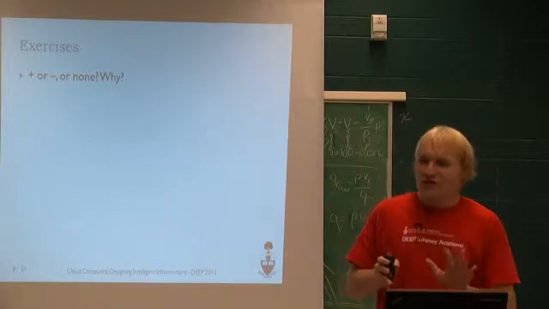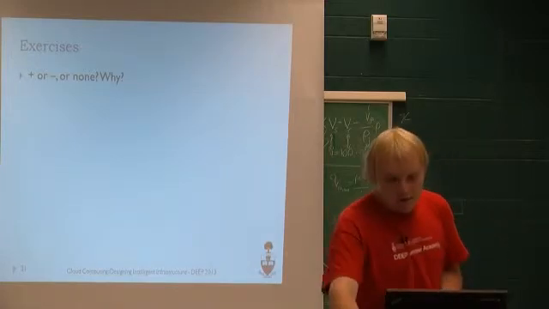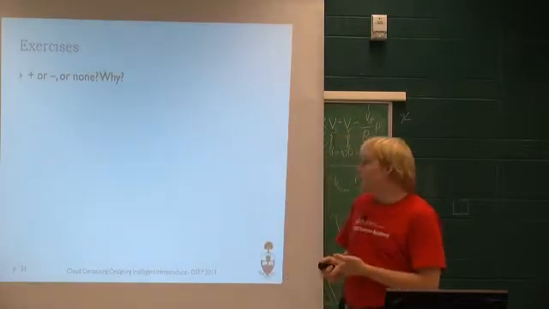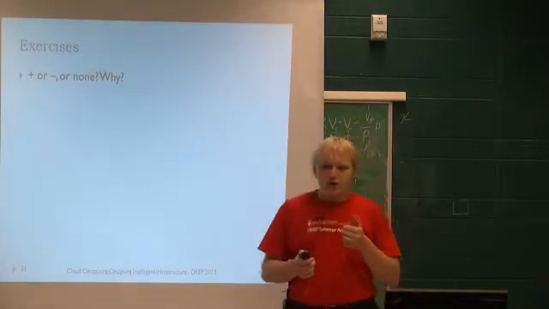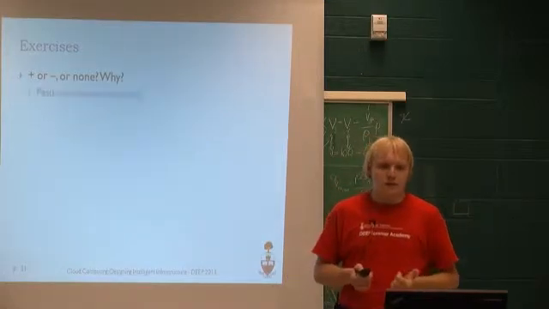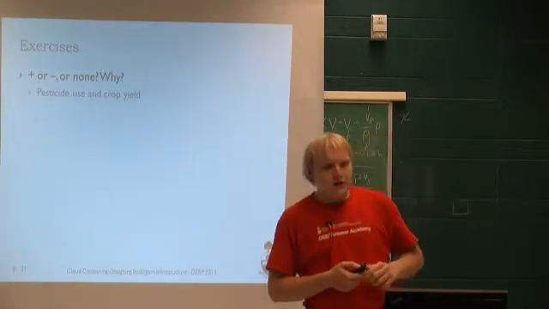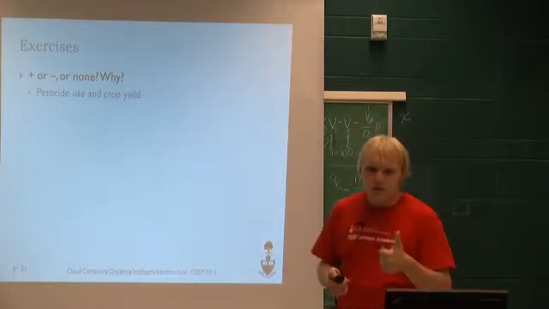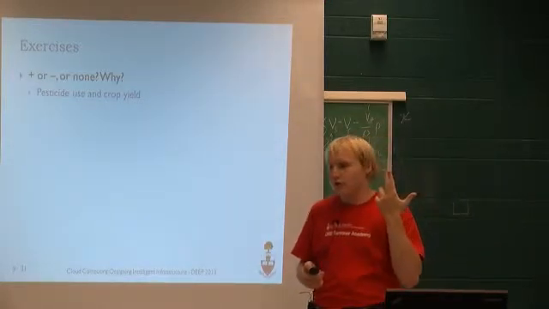So to give you guys a better understanding of these, we'll do a couple exercises. So I'm going to give you an example, and we need to figure out whether the correlation should be positive, negative, or no correlation, and why that is. So pesticide use and crop yield. Those are our two variables. Should they be positive, negative, or no correlation?